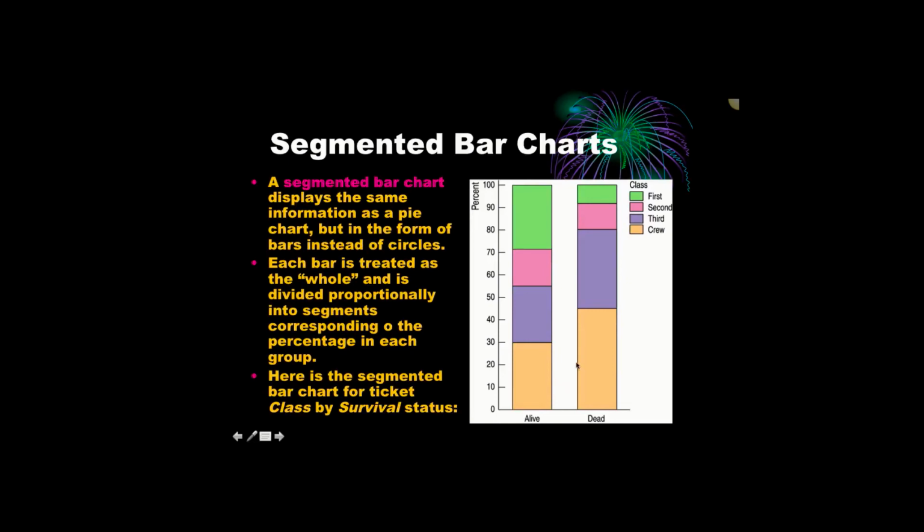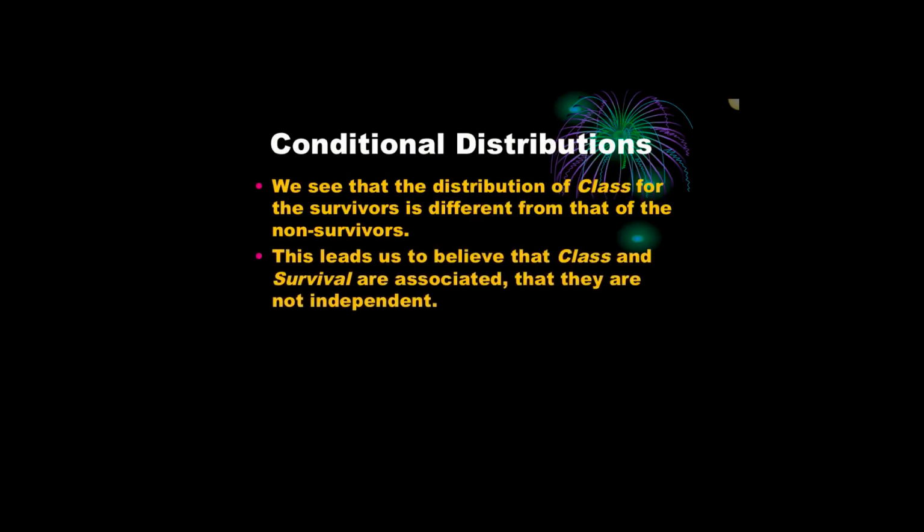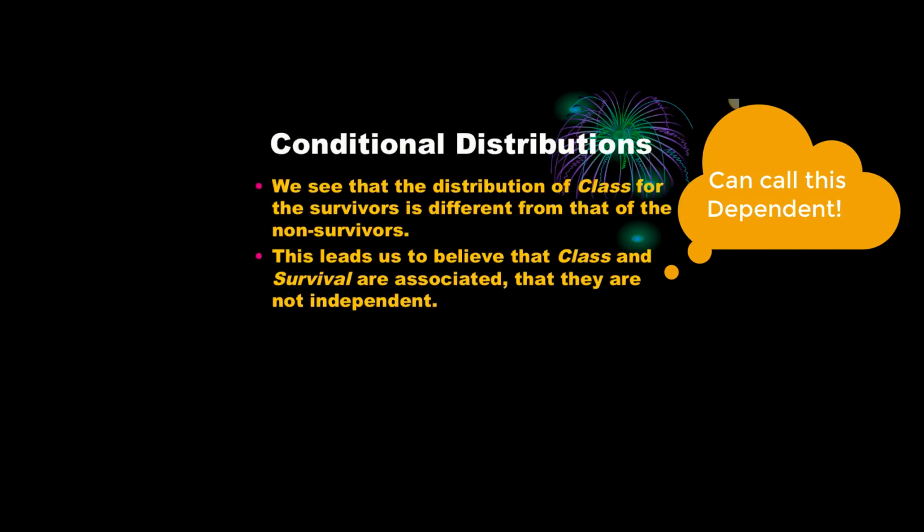Same thing with third class tickets. Here we can see that for first class tickets, far fewer died than survived. This leads us to believe that class and survival are associated, that they are not independent. We don't ever really say not independent, so we would say that they are associated or have an association.